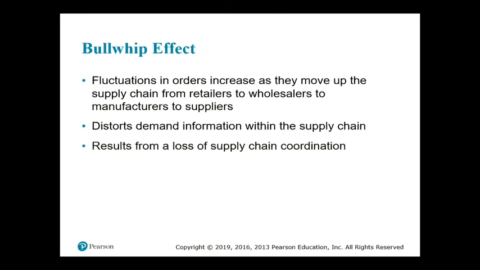The bullwhip effect you don't need further introduction. Basically, as we move up the supply chain, we see the variability of order sizes increase significantly, and the demand information gets distorted further and further as we move up the chain, and the total supply chain profit gets lost, total supply chain costs increase, and demand is not met, and so on and so forth.